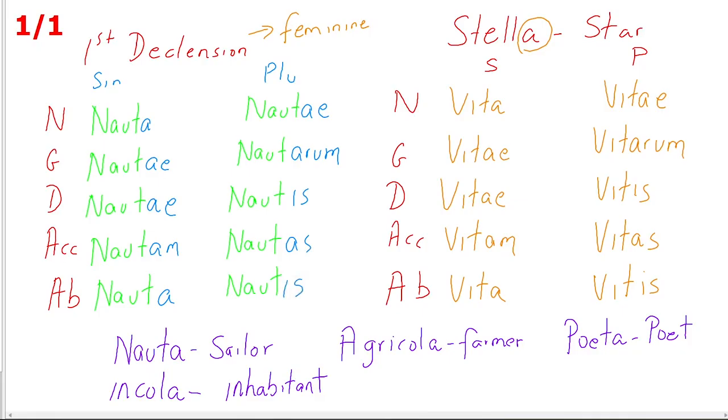So here, when we look at the cases in the nominative, okay, so nauta would be the sailor, in the plural, the sailors. Then genitive would be of the sailor, here of the sailors.